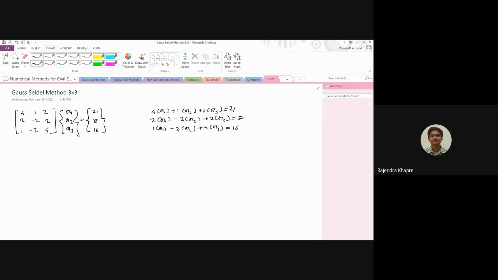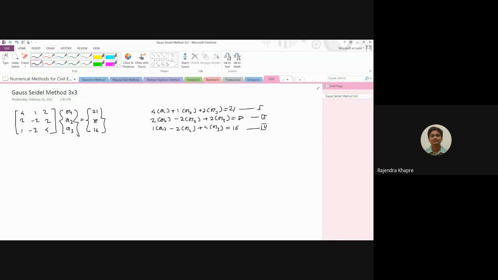These are the three equations we can generate by multiplying the respective rows and columns. Let us call these equation 1, equation 2, and equation number 3.